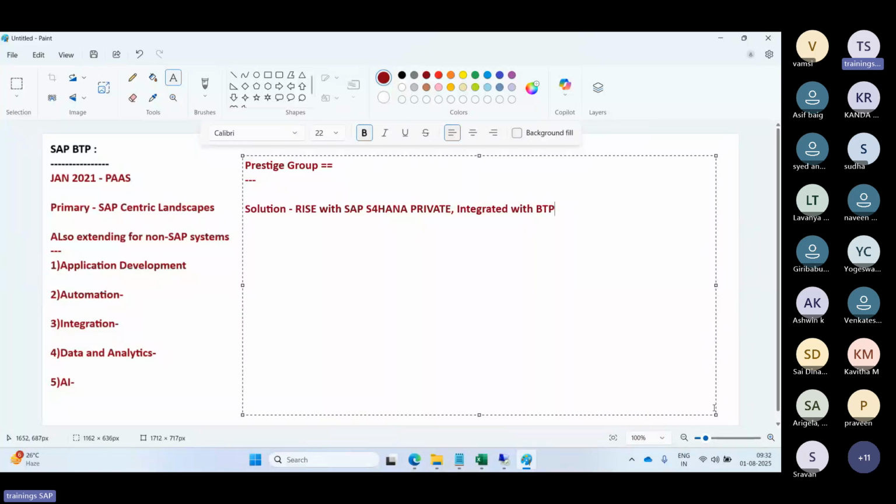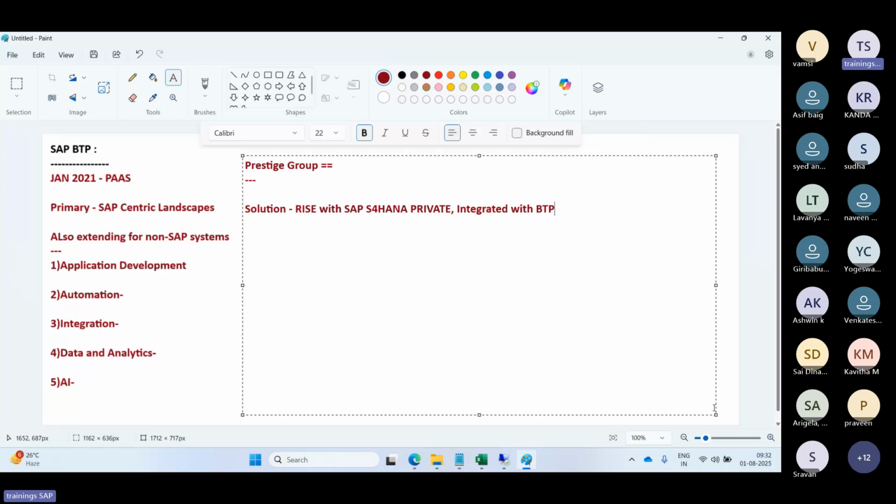So the outcome: they automated 100% of the grievance management. Normally in the Prestige Group, grievance management needed manual interventions and a communication process. There are a lot of communications they have to do, so a separate team is required for that, with queries and all those things.